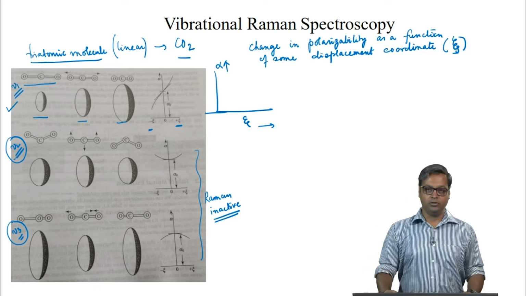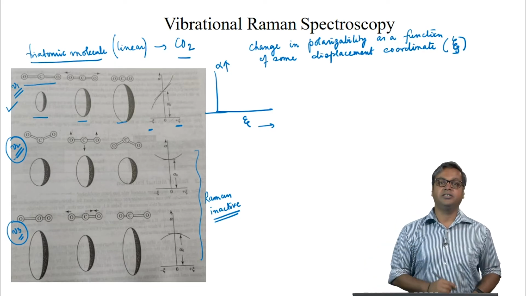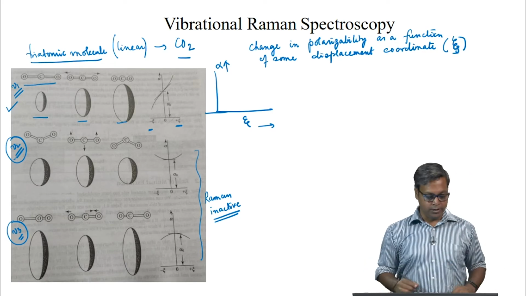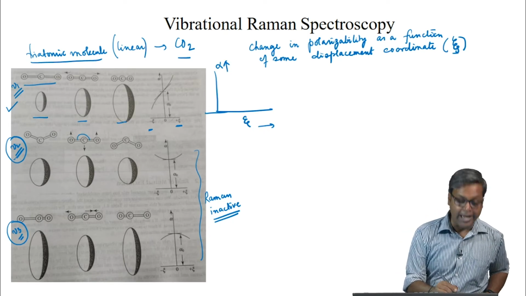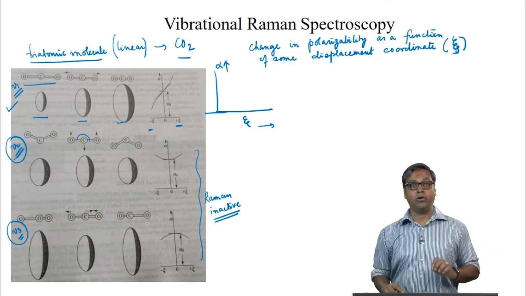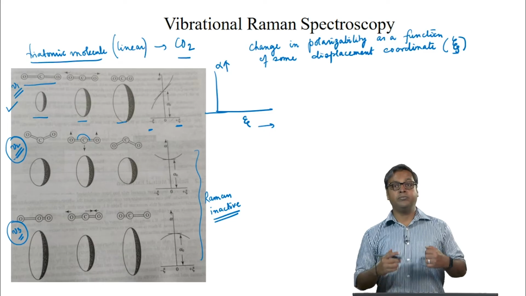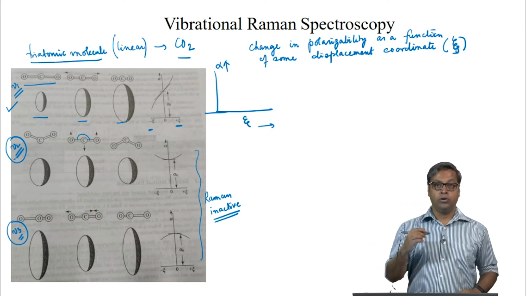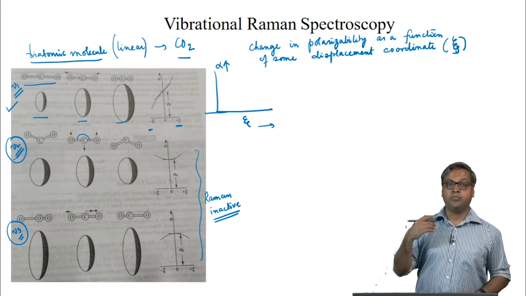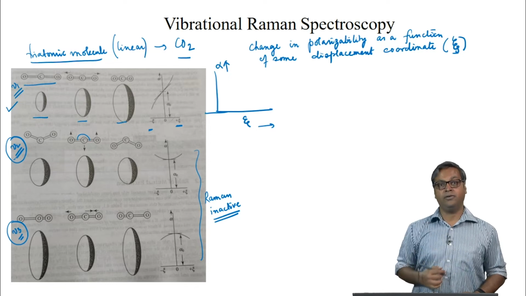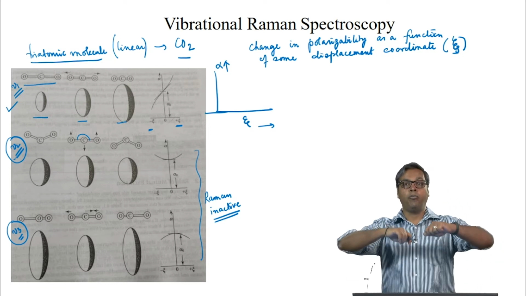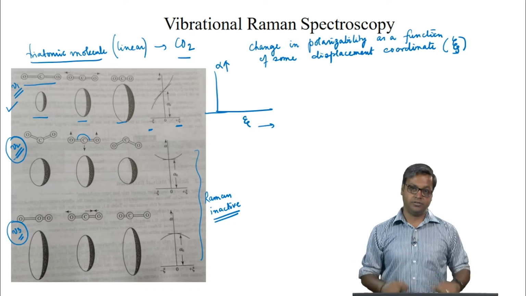For the bending mode, the xi measures the displacement of the OCO bond angle from the equilibrium value. So, the xi is positive and negative, referring to opposite displacement directions.